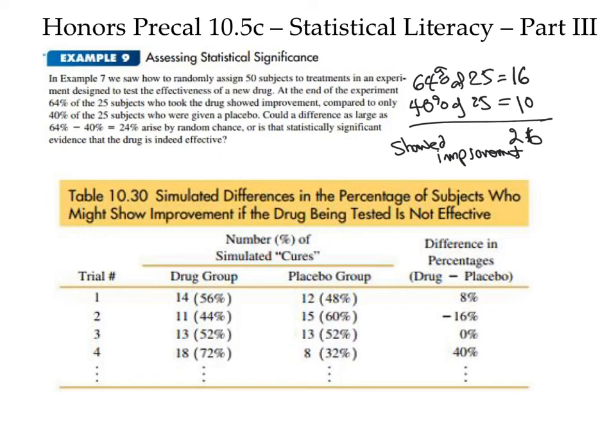And they're listing the differences. And you can see that we can get a 40% gap there. In trial 4, we had, in the drug group, 18 showed improvement and 8 showed improvement in the placebo group. And that would be pretty compelling. But we also have a negative 16%, a 0%. So how could we look at this big time overall?